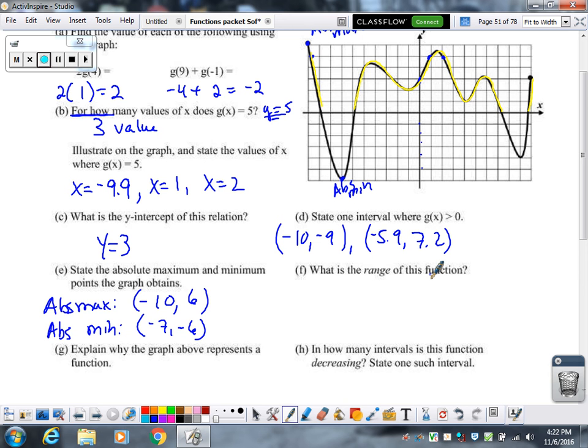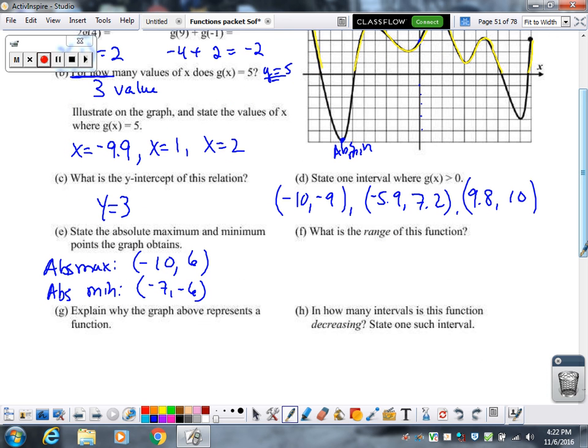And then it's positive again, 7, 8, 9. Looks like 9.8 to 10. It's positive again. So any of those intervals would work. I could even chop it up and have them smaller intervals. But again, any of those intervals would work for that question. State one interval where g of x is greater than 0.